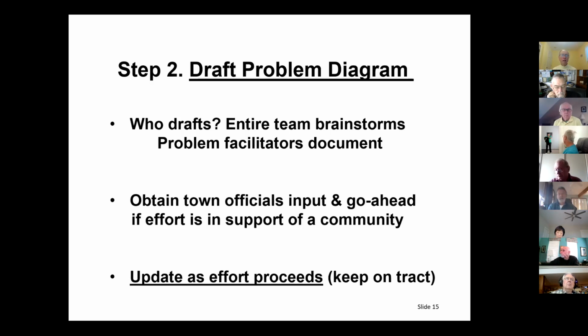And all the key elements of this problem, we'll update the diagram and the effort. Now, other things we might have included in there, we may find, yeah, this is really irrelevant. We don't have to worry about this. Well, then we drop it out. But we need to keep this problem diagram current because it's really our key way of focusing everybody on what it is we're doing, what's our end goal, and how we're approaching getting there.